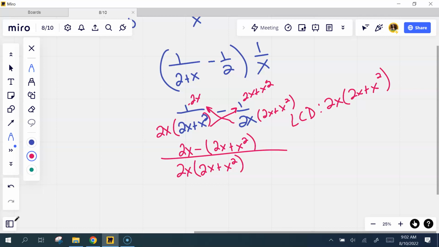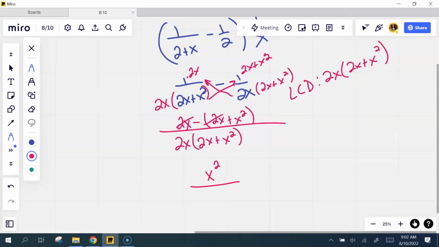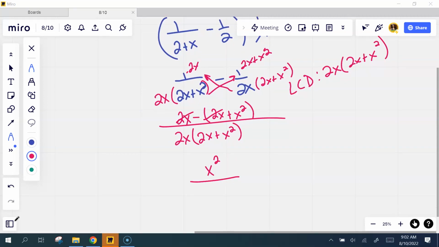Then I combine my numerators over that common denominator. This ends up being x squared over, I'm going to leave this one factored a little bit, but I'm going to pull one more x out. You see why? So I'm going to make this 2x squared times 2 plus x.